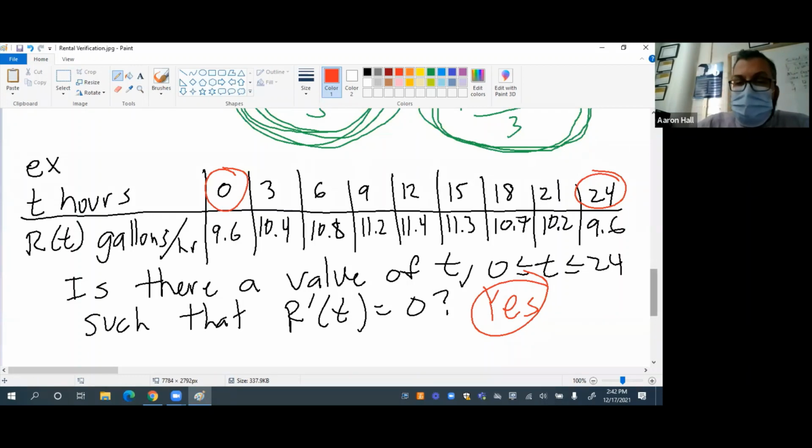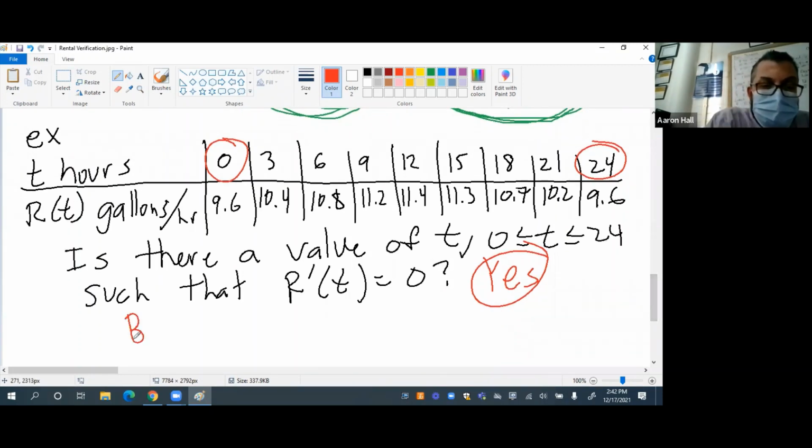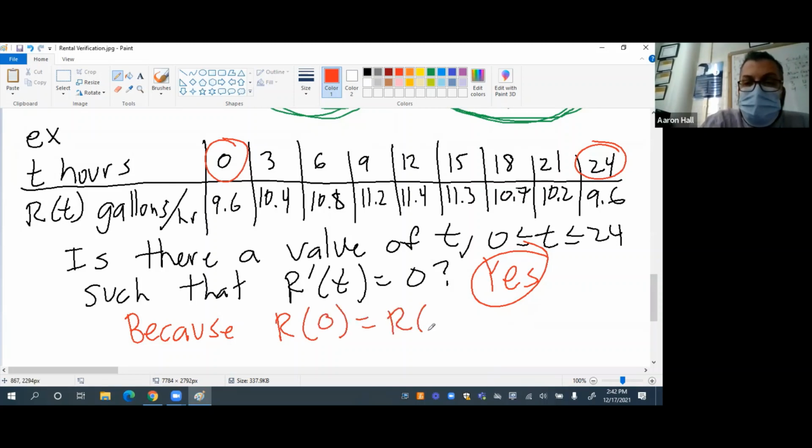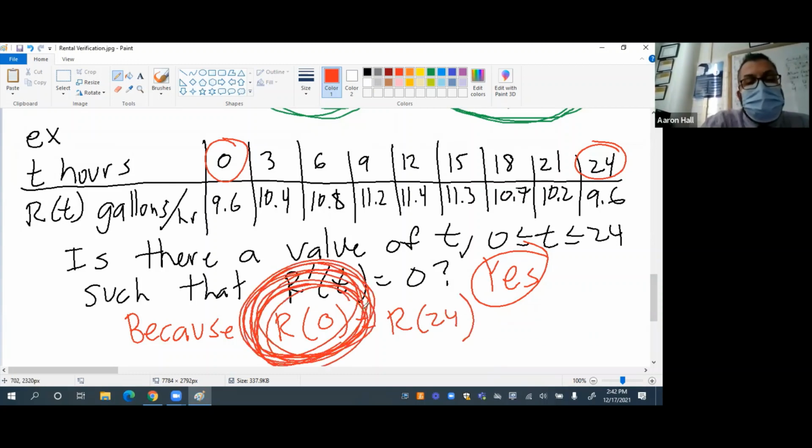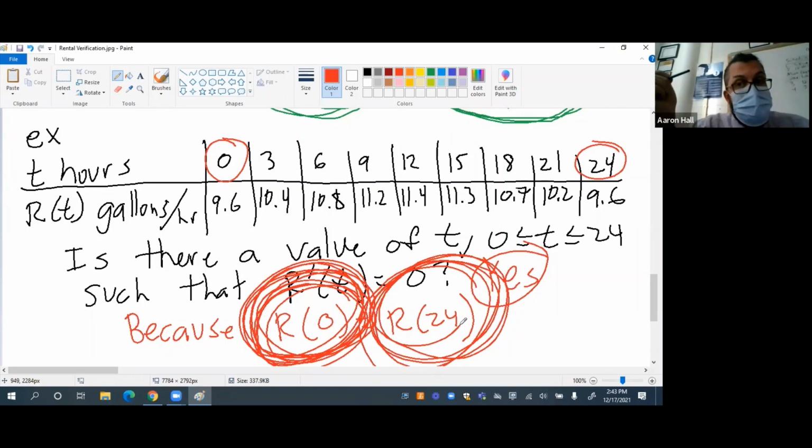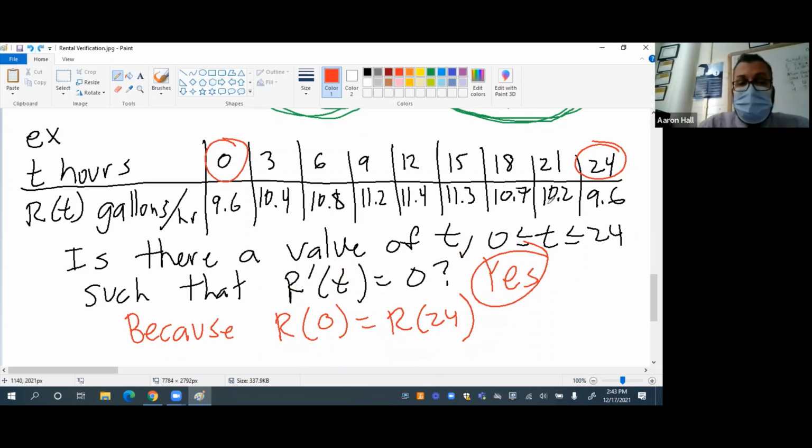Yeah, because our R of 0 equals our R of 24. What does this mean? Is that an X or a Y? It's a Y when X equals 0. What's this one? It's Y when X equals 24. Do these equal? What do they equal? 9.6.